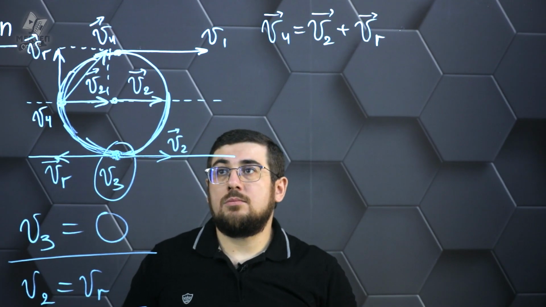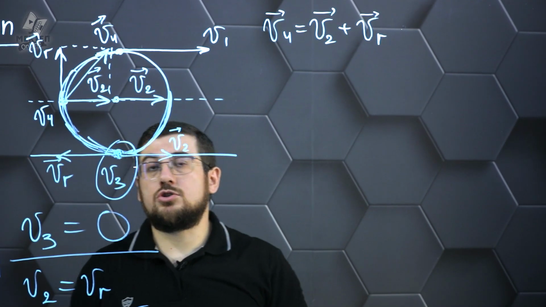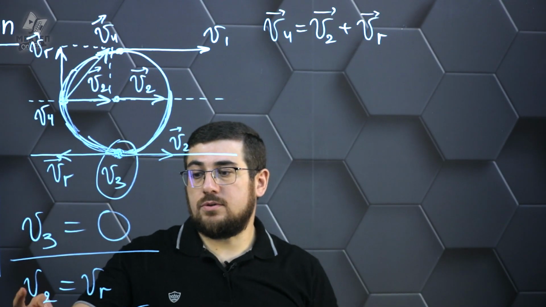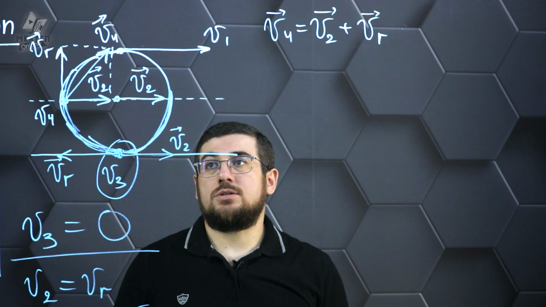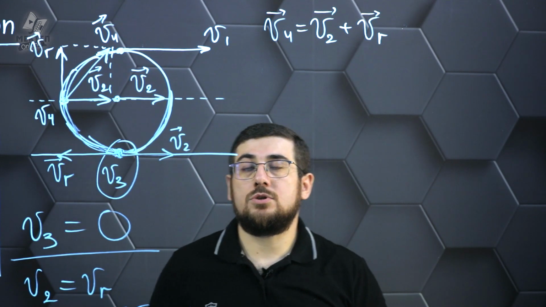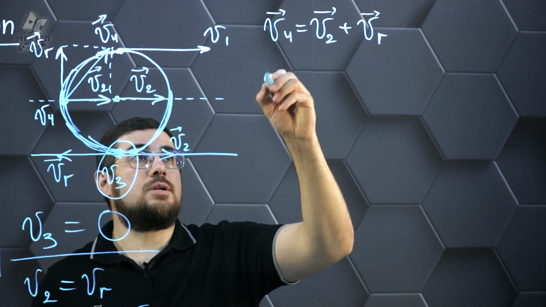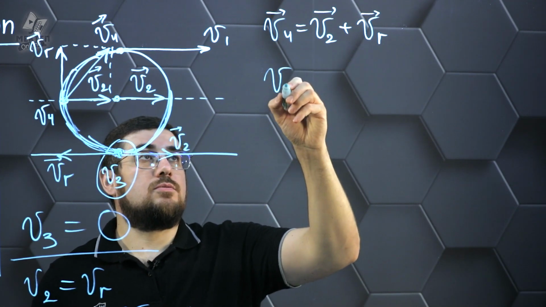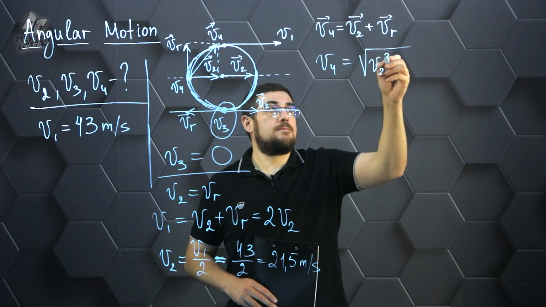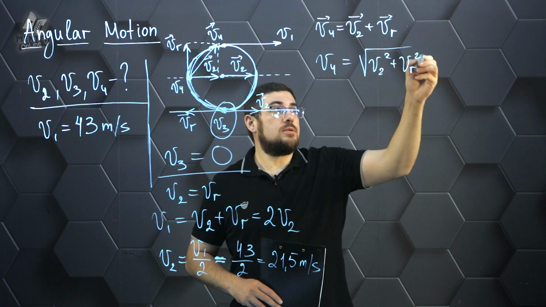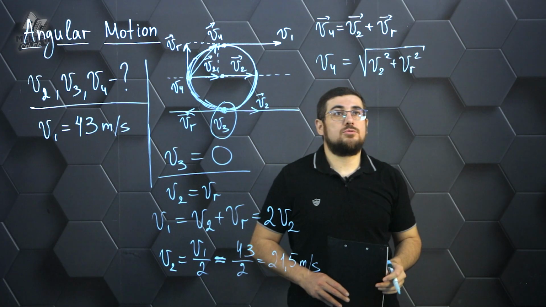And geometrically, we see that we have obtained nothing other than a square, because v2 and the rotational speed are equal to each other. Therefore, our task is to find the diagonal of this square. The diagonal, as you might recall, in a square is determined as the sum of the squares of the legs, taken under the square root. According to the Pythagorean theorem, we can calculate the speed.